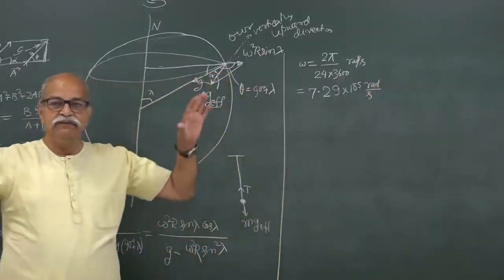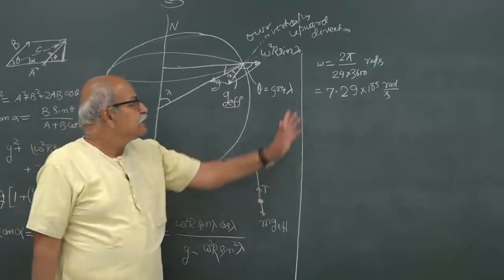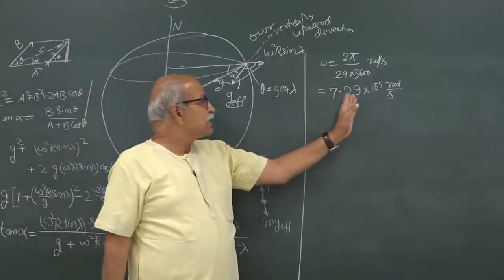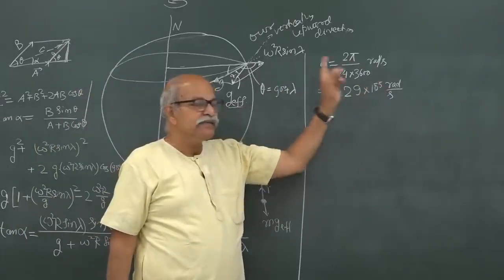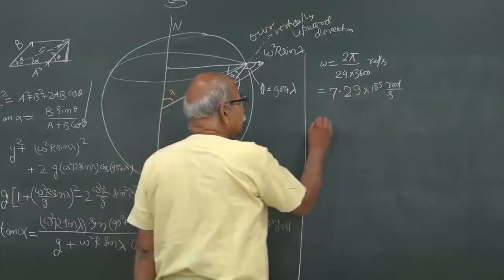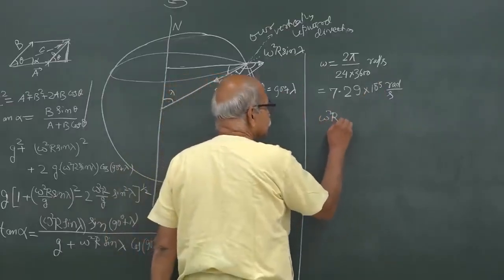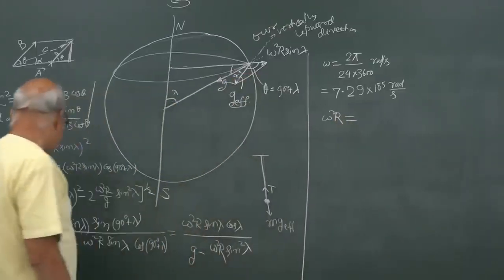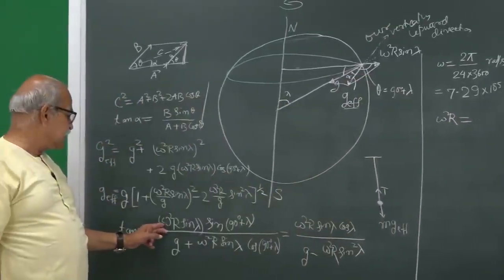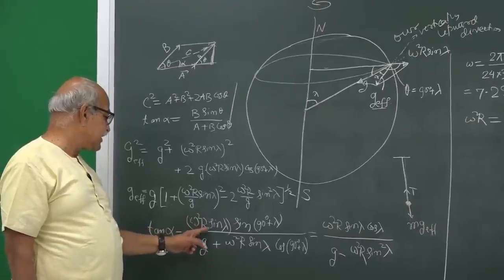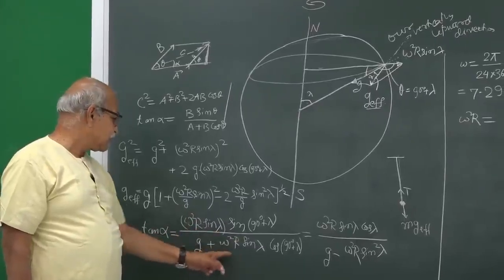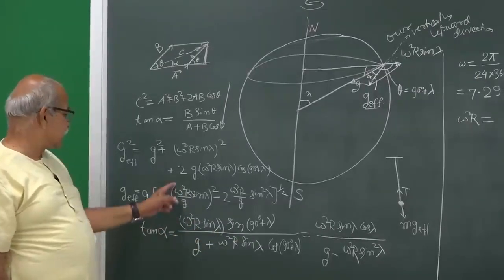If I am using everything in SI, then this omega is 7.29 into 10 power minus 5, it is a small number, and omega square r, because wherever this omega is coming, it is coming in this combination omega square r. Okay. So, omega square r.